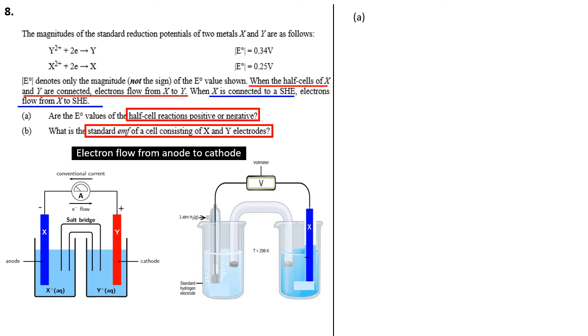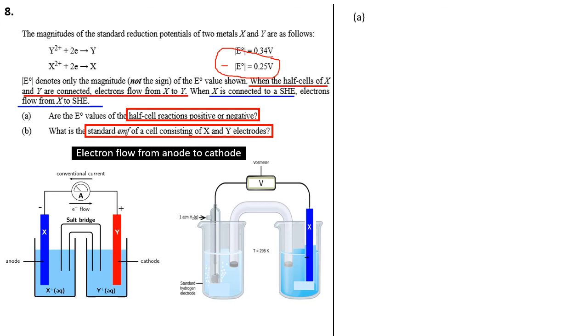Over here this is 0.25 volt and this is 0.34 volt, meaning this one is the more negative value. If you compare, actually this one is more positive. So X is negative 0.25 volt.